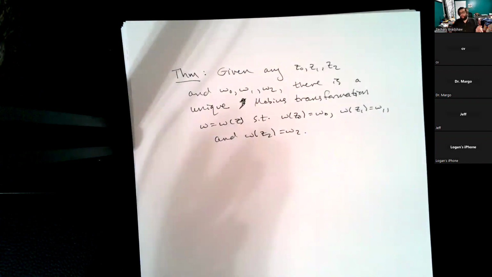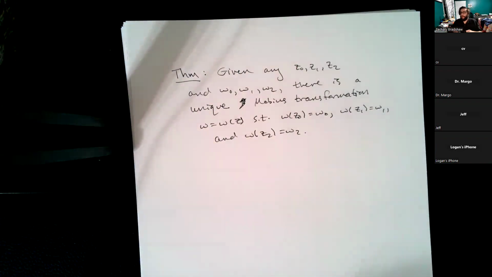So if I give you 3 points and you come up with 3 values for the function, then this completely defines the Mobius function. It's unique.